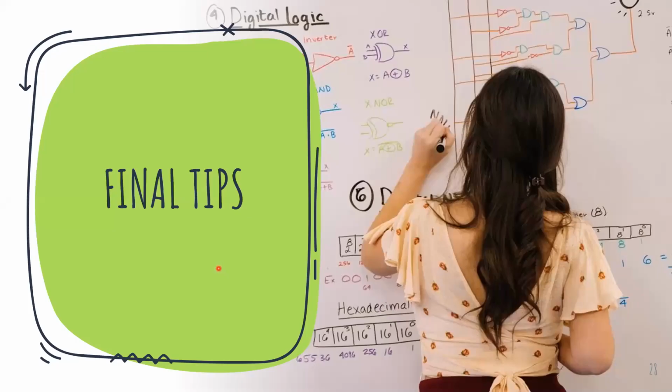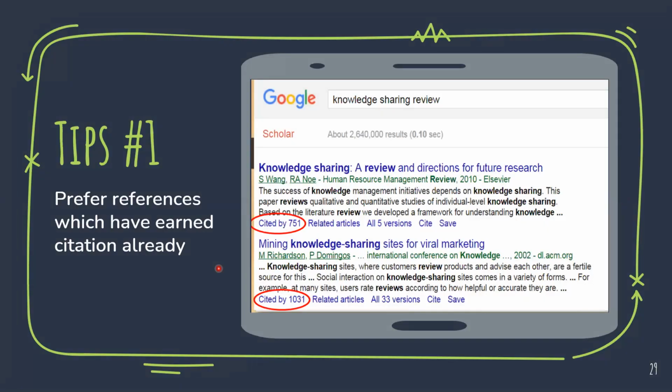Okay, and for our final tips. Tip number 1: prepare references which have earned citations already. For example, in Google Scholar, in the search bar, you will see "cited by" counts, for example 751, and then this one is cited by 1031.